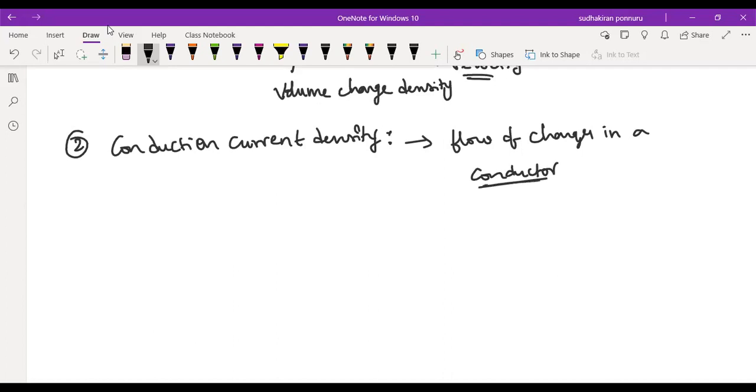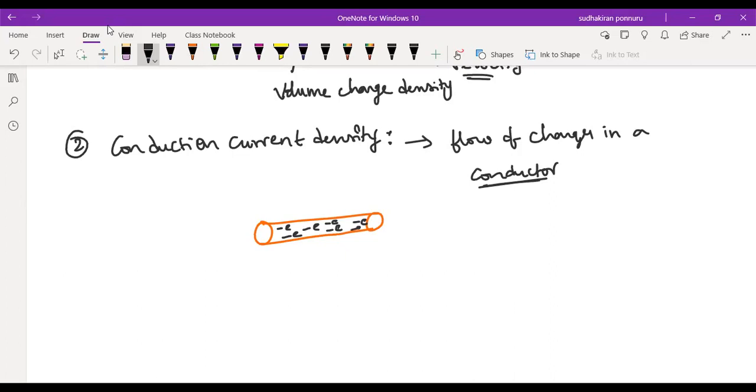As you know, let us take a copper wire. We know that copper is a very good conductor of electricity, because copper has a large number of free electrons.